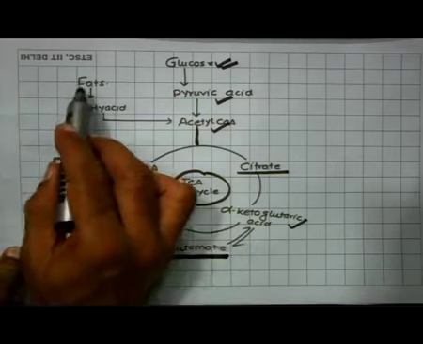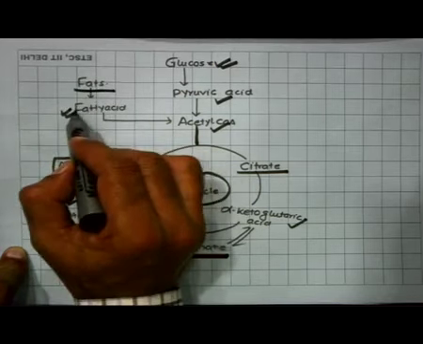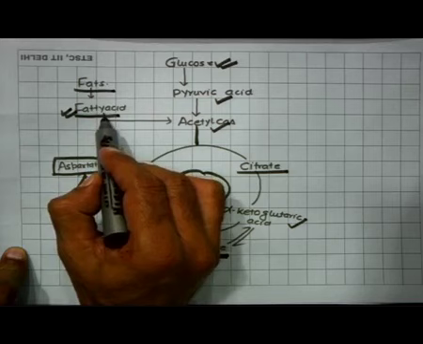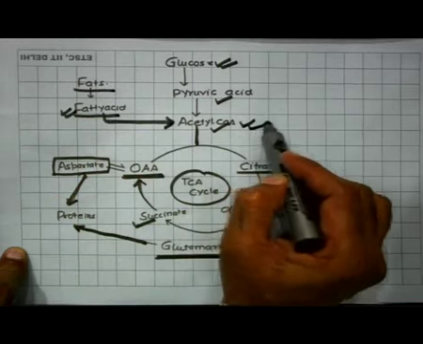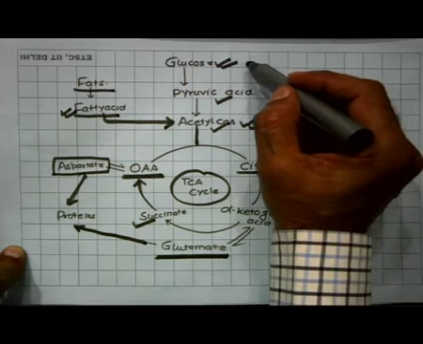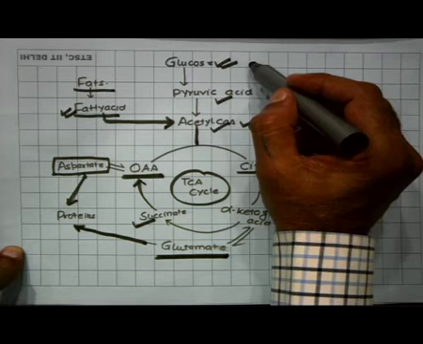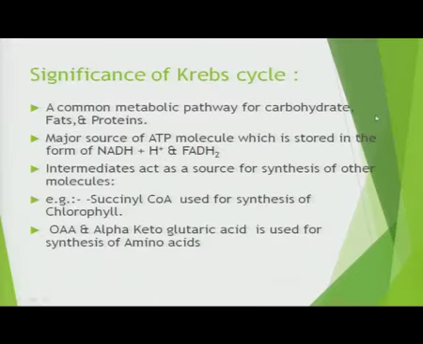Fat is converted into fatty acid, and this fatty acid is directly involved in acetyl coenzyme formation. So, we can say this is the significance of the Krebs cycle. It is a common metabolic pathway for carbohydrate that we have seen. The glucose is directly involved in the Krebs cycle.